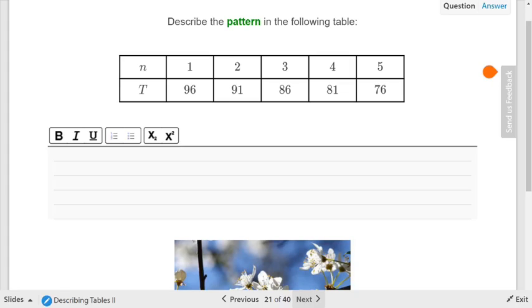Smaller. So we're decreasing here. And how much smaller each time? By 5. So we would write the pattern: the initial number is 96 and decreasing by 5. All right? So you're going to be given the numbers and you have to come up with the words to make the pattern work.